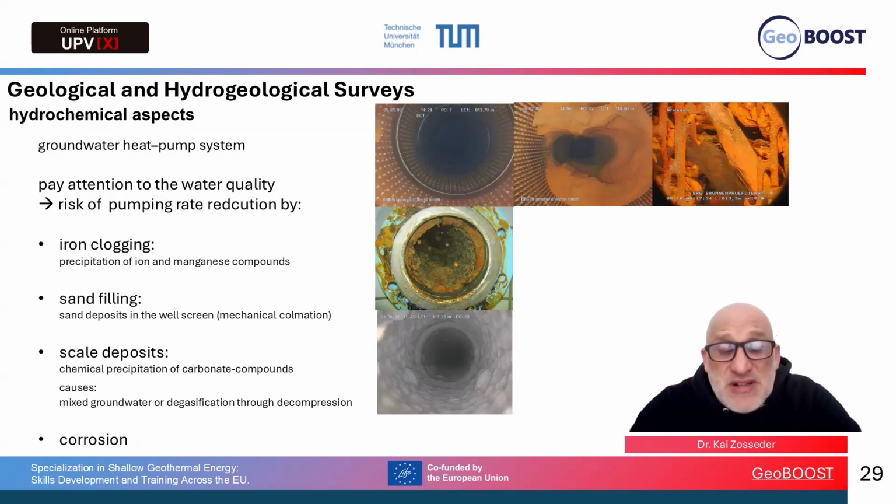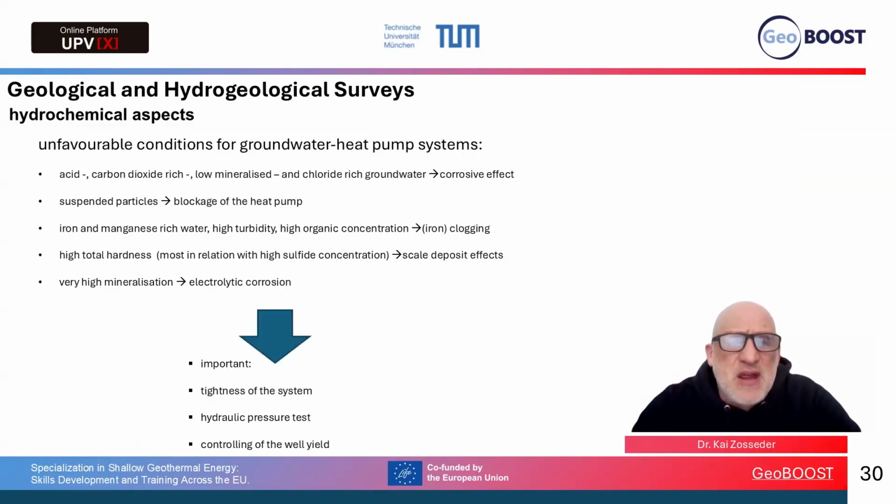There are technical methodologies and workflows which can overcome this barrier, but in general you have to be very careful, so it is highly recommended to do a hydrochemistry analysis before using groundwater heat pumps.